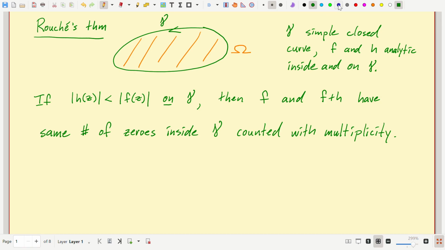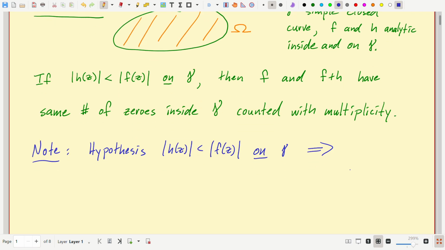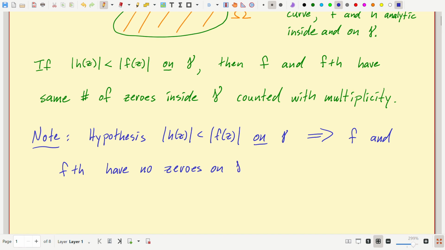So the thing to note, the hypothesis that the modulus of h of z is strictly less than the modulus of f of z on gamma implies neither f nor f plus h have any zeros on gamma. Let's see the why of that.